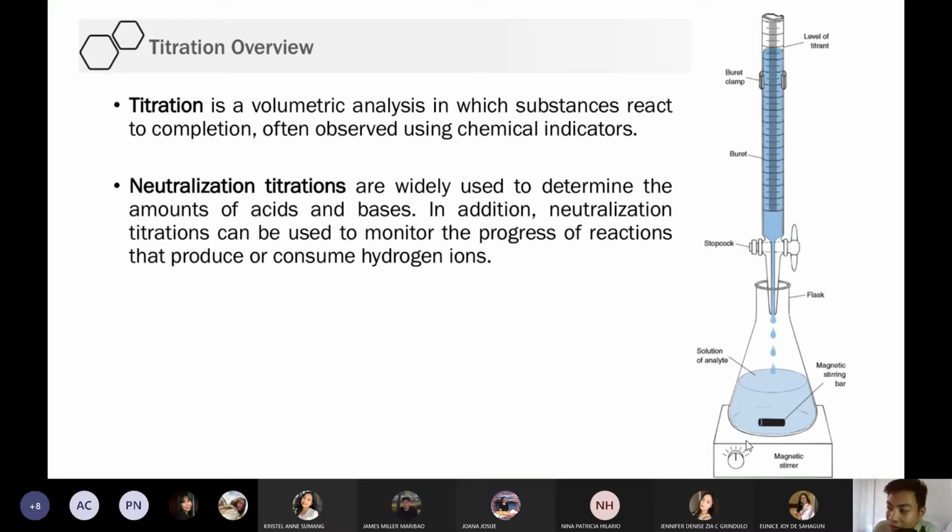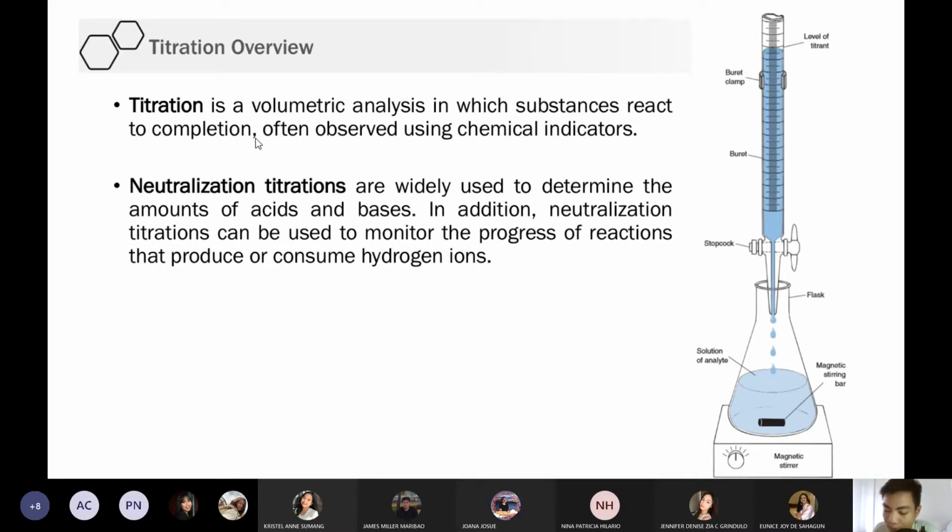Magbabago yung liquid sa loob nitong Erlenmeyer flask, no, as the reaction is happening. Okay. And for our session today, we will cover only neutralization reaction, okay, or neutralization titration. Okay, from Gen Chem, you know that neutralization titration, yung meaning ng neutralization is that yung acid nire-react mo sa base to form neutral compounds.